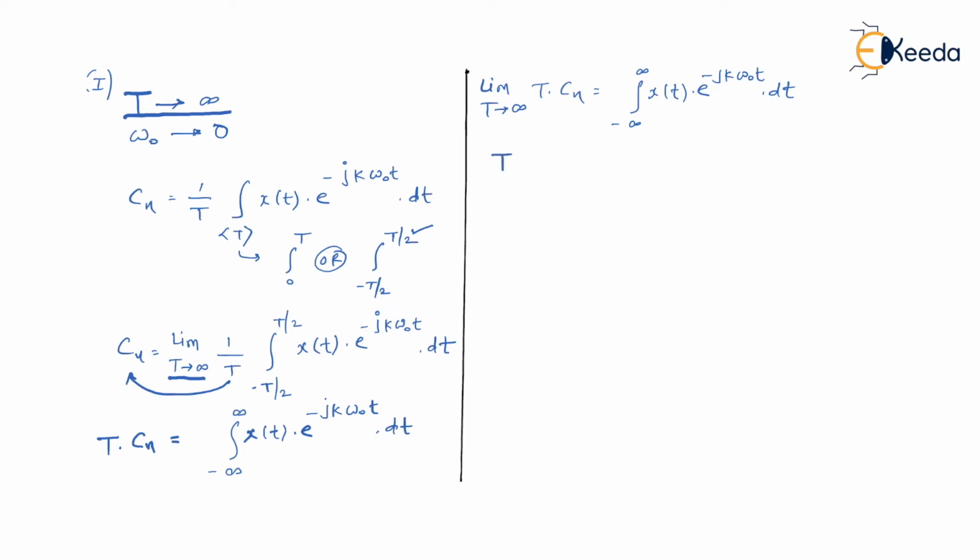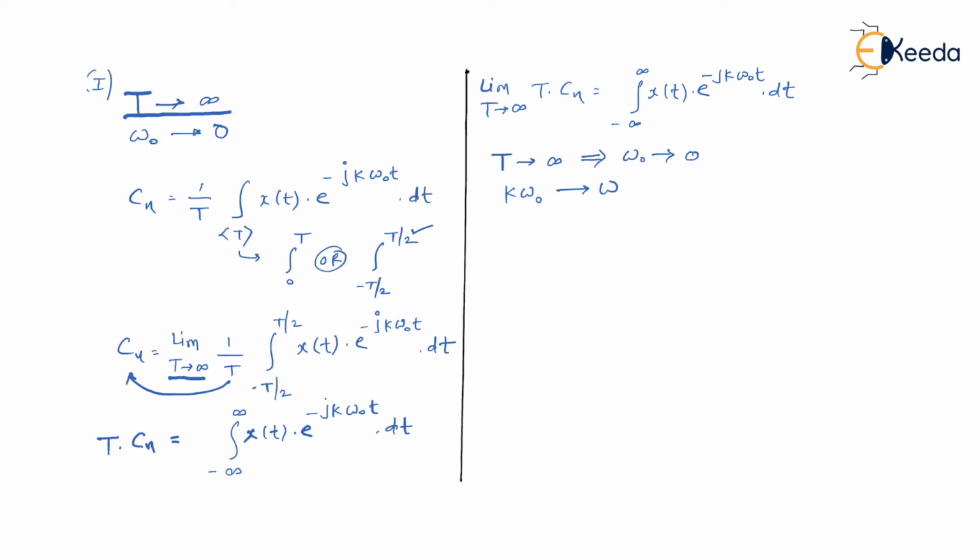So we know that when T is tending to infinity, omega naught is tending to 0. Therefore, I'm going to substitute k omega naught as omega. Now the question is why I'm doing so.